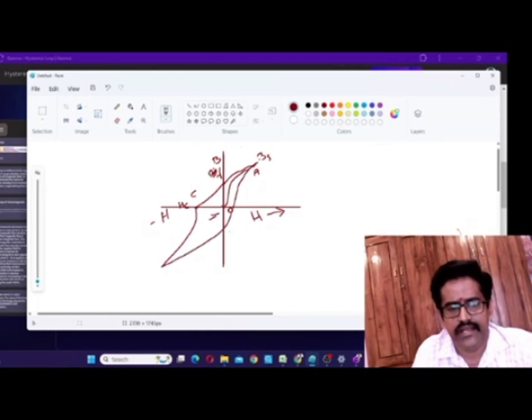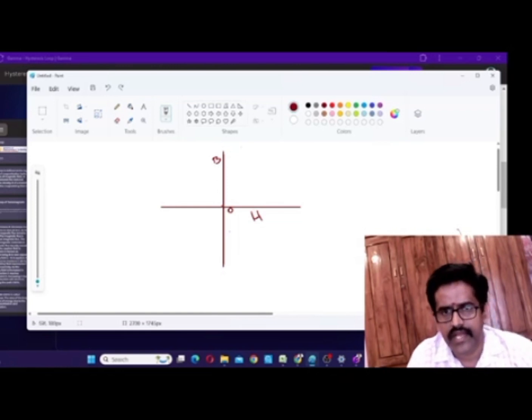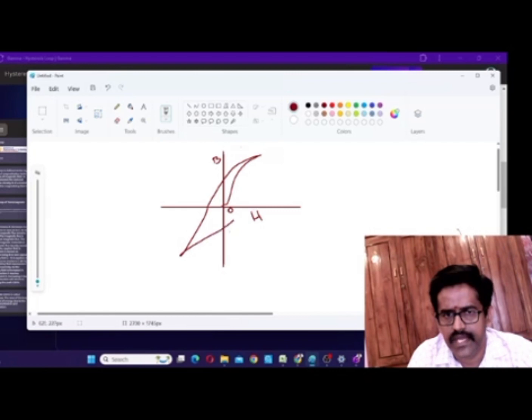So I draw a clear diagram here. The curve will be in this form. When H increases, B gradually increases to the retentivity, and this is HC, the coercivity. Then reverse saturation magnetization is reached again.